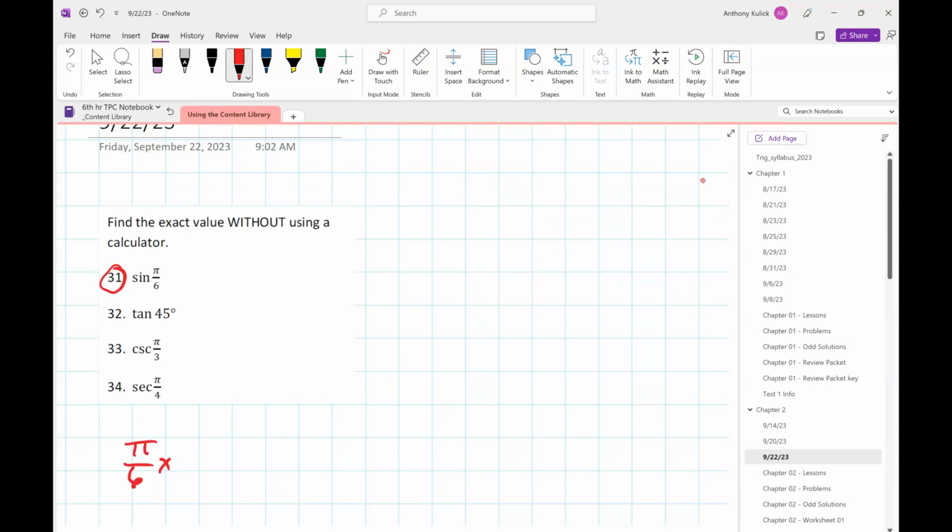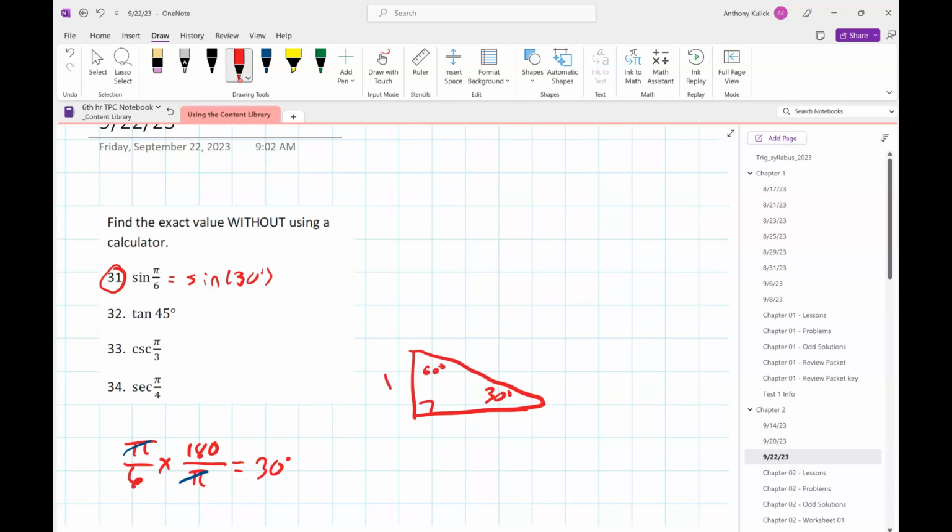Well, what if we just convert that to degrees? 180 divided by 6 is 30. So that's the same as sine 30. And then we draw our 30, 60, 90 triangle. And boom goes the dynamite, right?